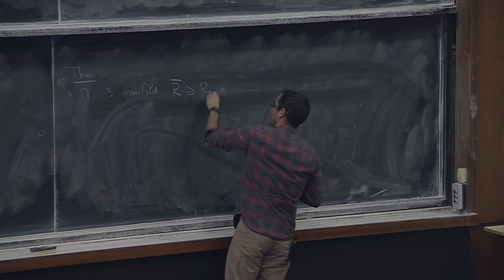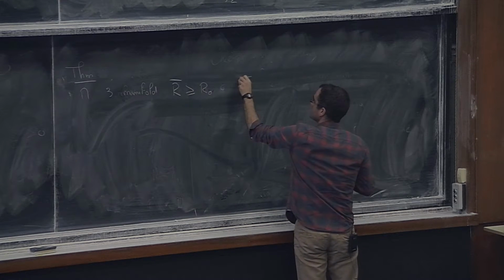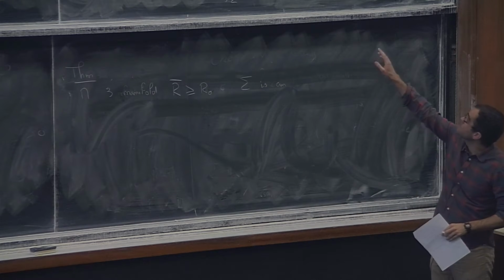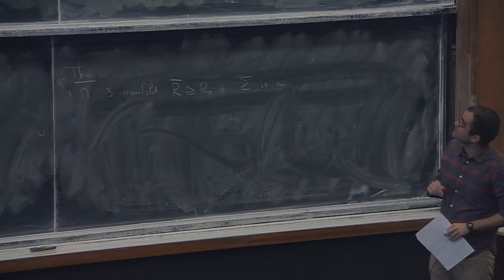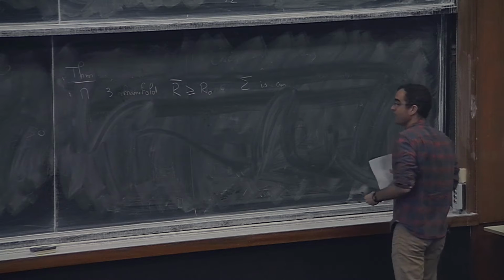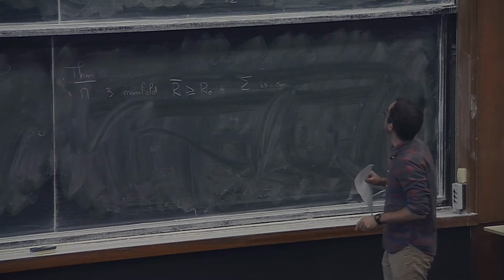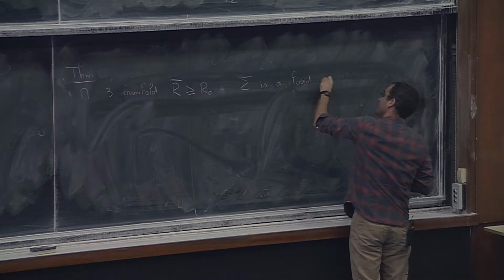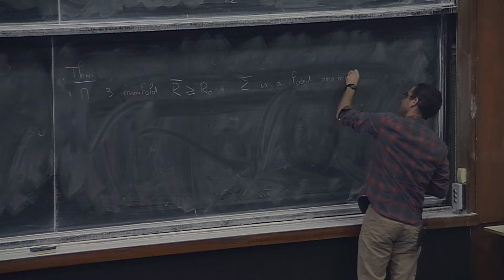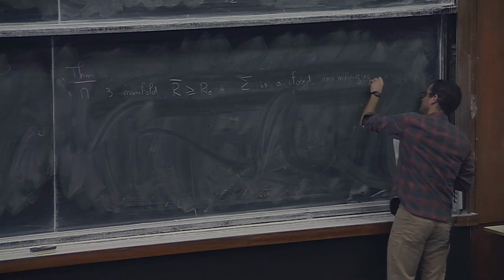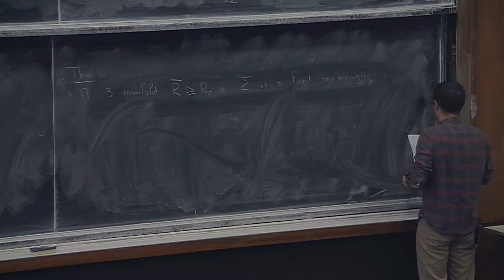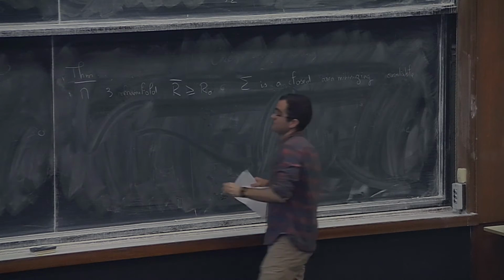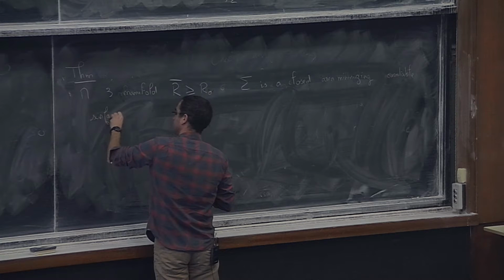The scalar curvature is larger than R naught. And sigma, what is sigma? Before, it was a stable minimal surface inside M. But here I will change this. It's not stability I want to assume, it's more than this. So it's a closed, area minimizing, orientable surface in M.